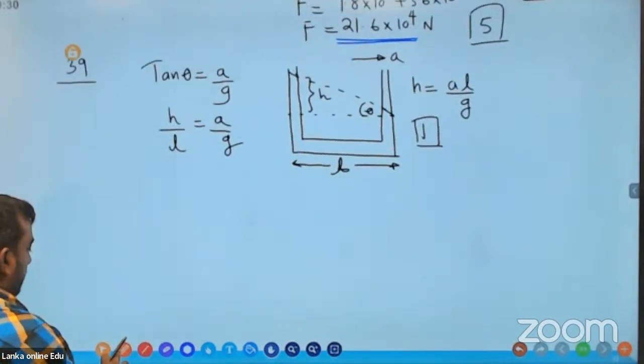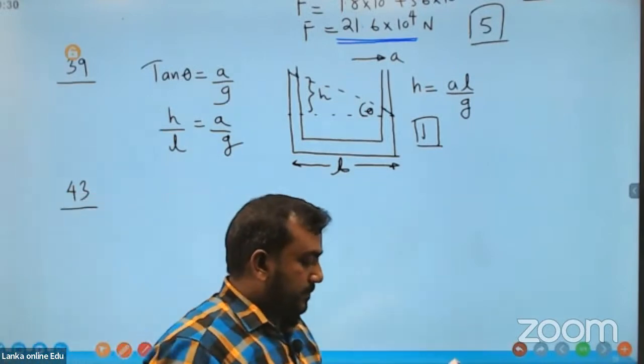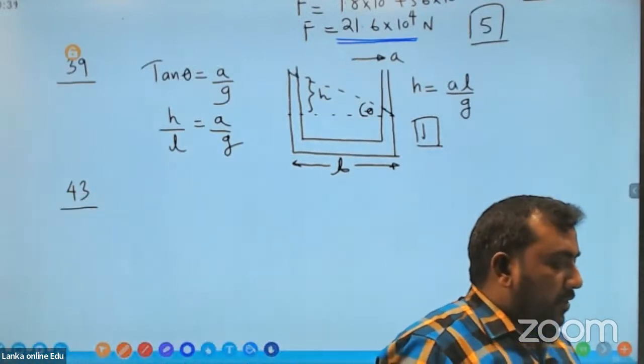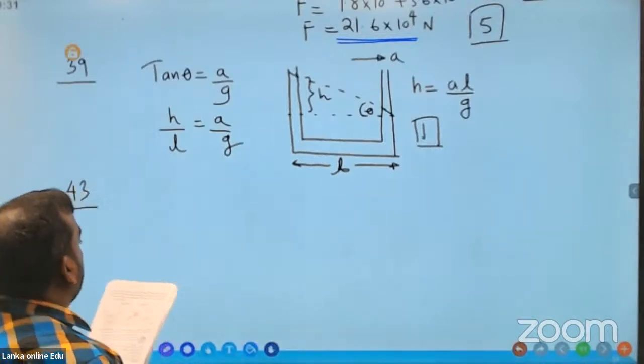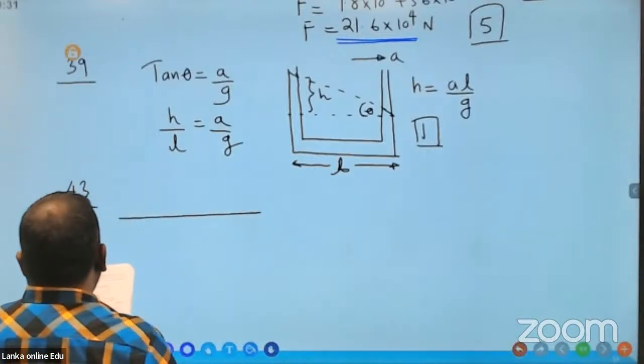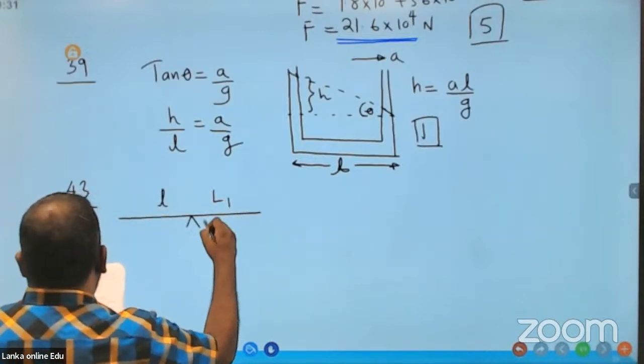MCQ 43. Figure shows the balanced position of a light rod carrying an object. So here you go. Pivot point is here. This is L. This is L1.